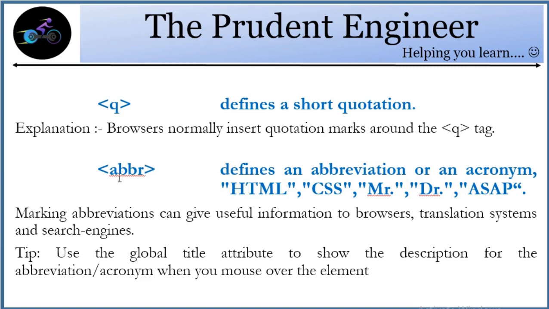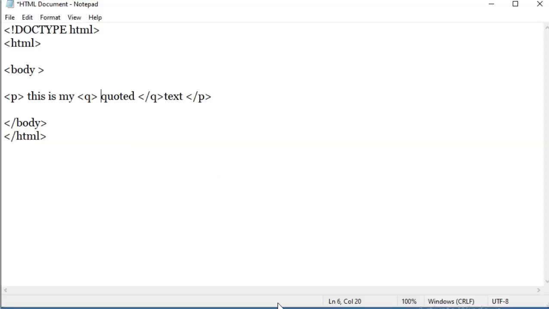Now at the same time there is an ABBR tag that is used for abbreviations like HTML, CSS, Mr., Doctor, ASAP, as soon as possible. So I'll show you how this is used.